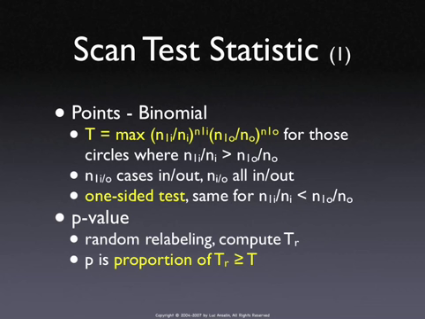We keep our 1,000 points, but we randomly allocate the 50 diseases to different locations. We recompute all our circles. We find a circle with the highest ratio, cases in versus cases out type of ratio, and we record that number. Let's call that T_R. Then we do it again. Relabel, do all our circles.